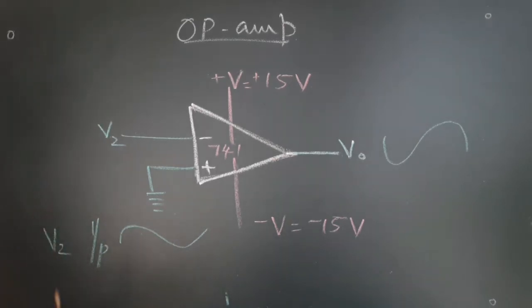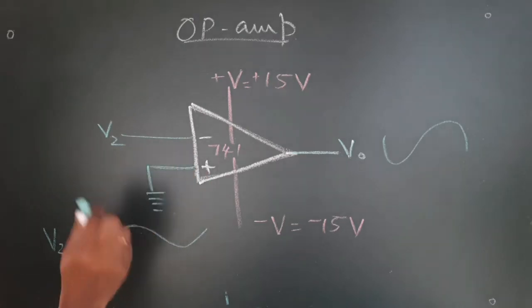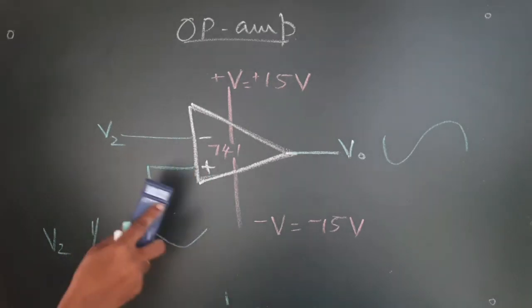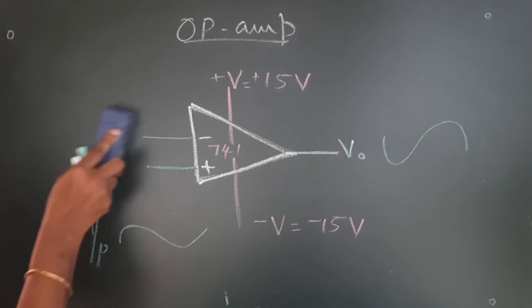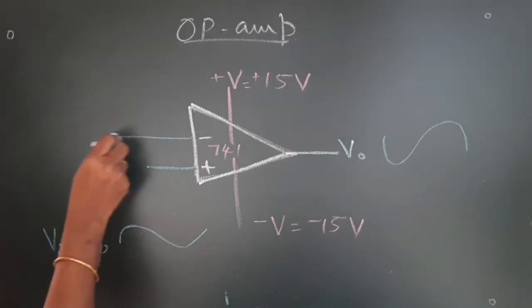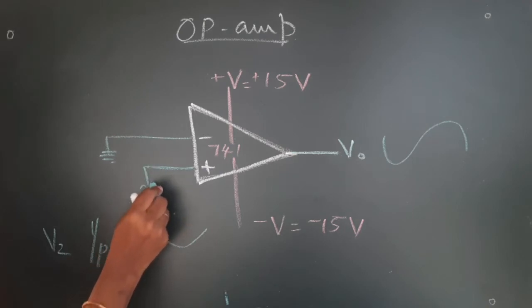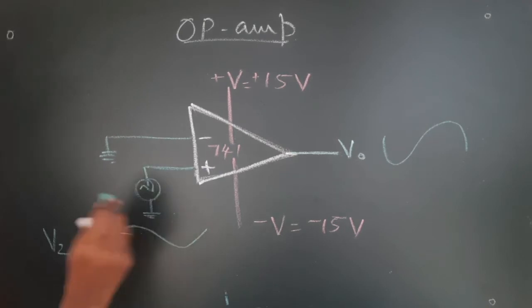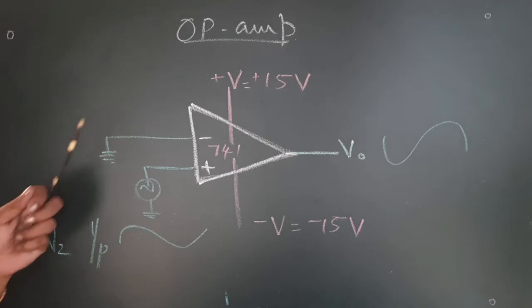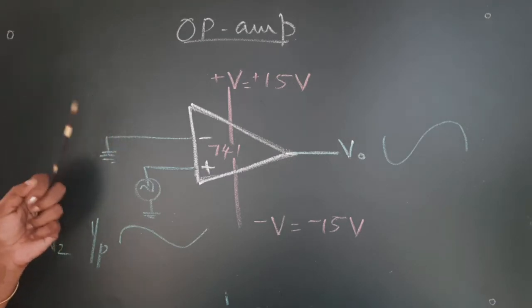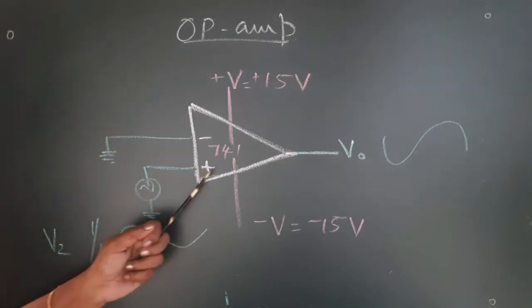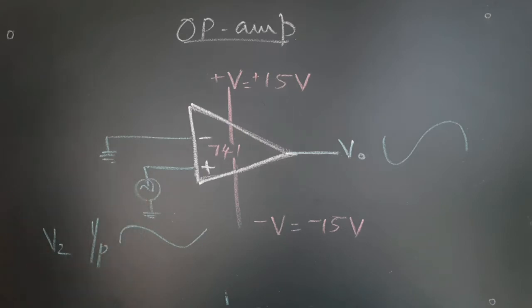Now, to understand the concept of the non-inverting terminal, let us do it the other way. We will earth the inverting terminal and apply the signal here. Initially, we applied the signal at the inverting terminal. Now, we will apply the signal at the non-inverting terminal.